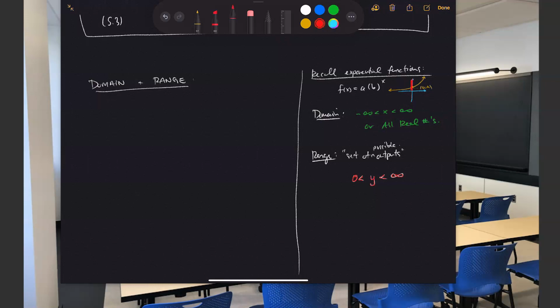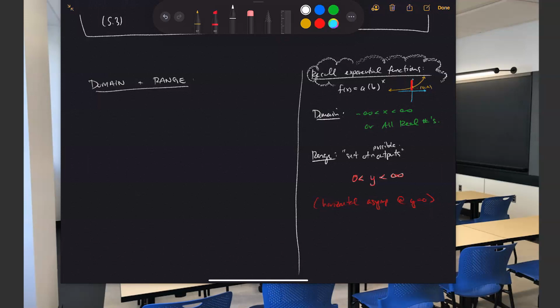Because you can't raise anything to a power and make it less than 0. Okay? Try to do it on your own in your calculator. It's not possible. We remember that. It has a horizontal asymptote at y equals 0. So this was for exponential functions, right?